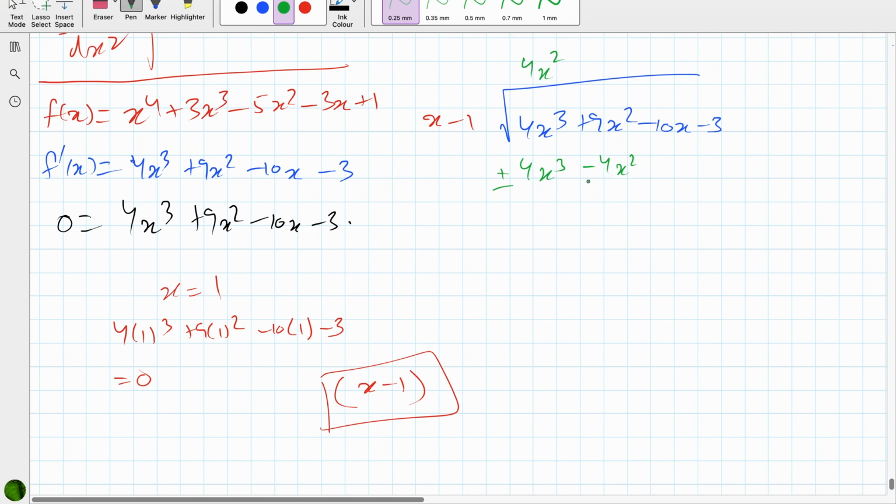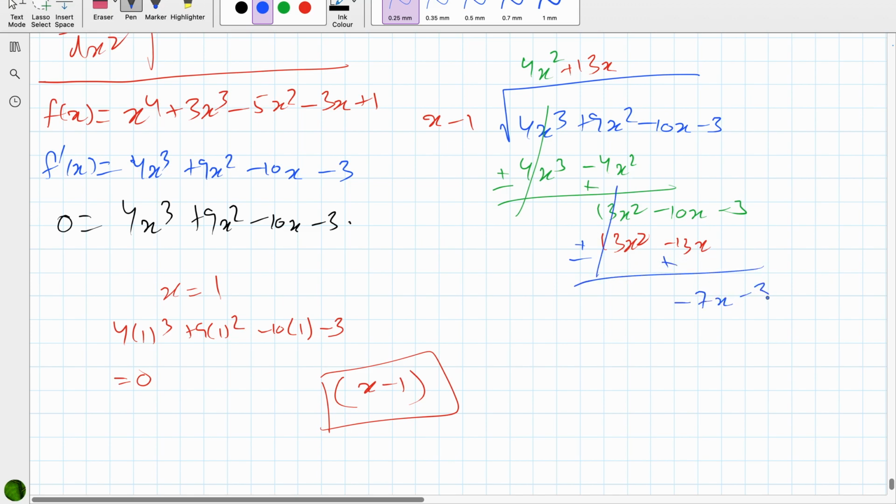We change the signs and we add them. 13x square minus 10x minus 3. Second step, to get 13x square, I multiply it with 13x. This is 13x square. Minus 1 into 13 is negative 13x. We change the signs and we add them to get minus 3x.